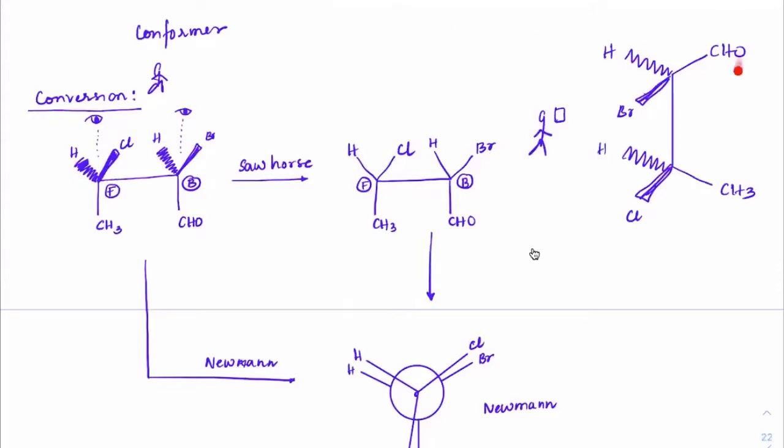But on the board, this bromine is coming outside the board, and this hydrogen is going inside the board. That will still be the same, na beta? This hydrogen is going inside the board, this bromine is coming outside the board. Same with this hydrogen going inside the board, this chlorine coming outside the board.